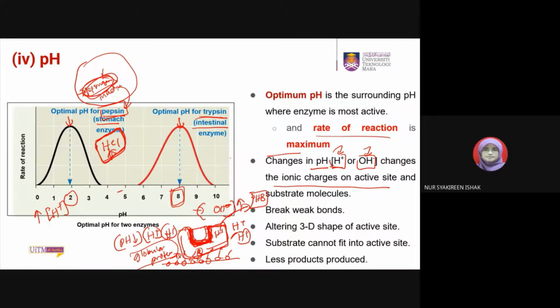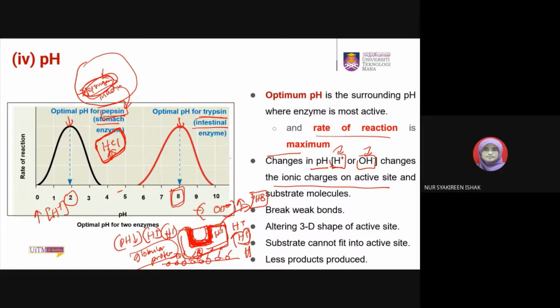If you decrease the pH, you have excess hydrogen ions. The excessive presence of hydrogen ions can disrupt the ionic bonds that hold the structure of the active site.